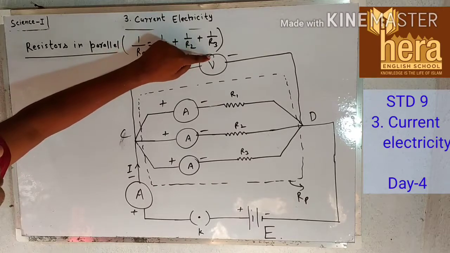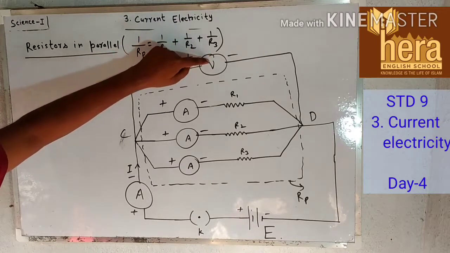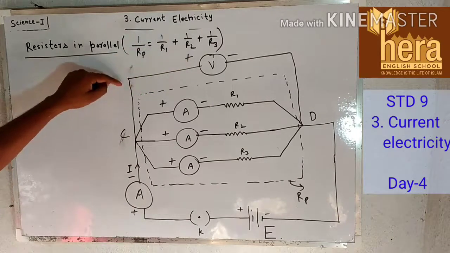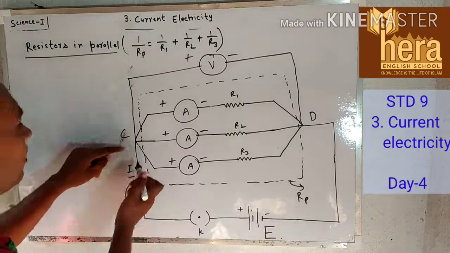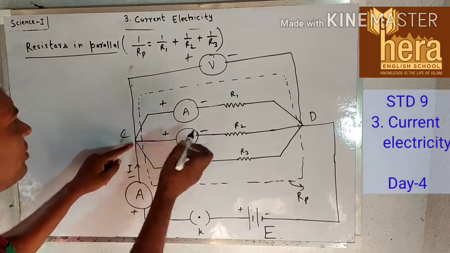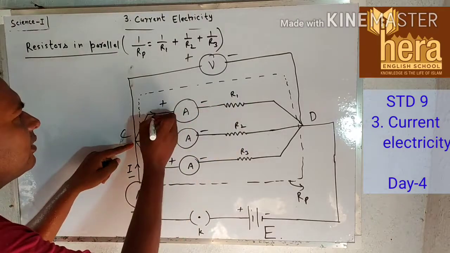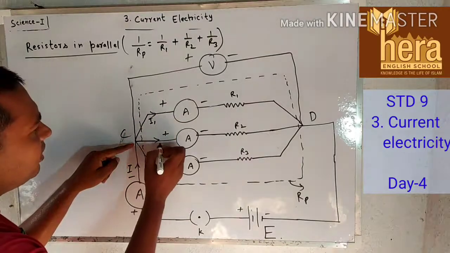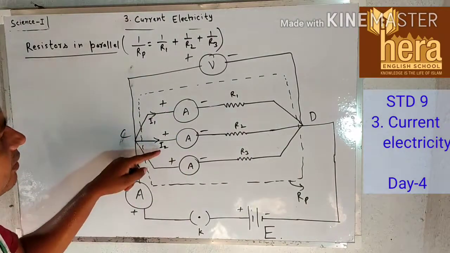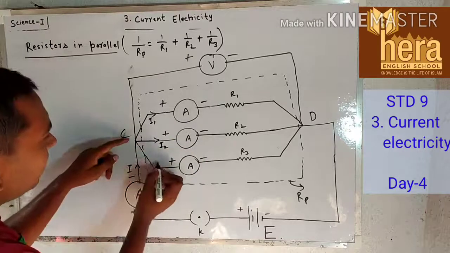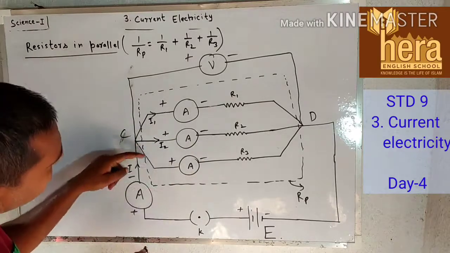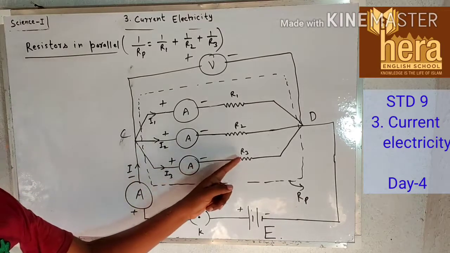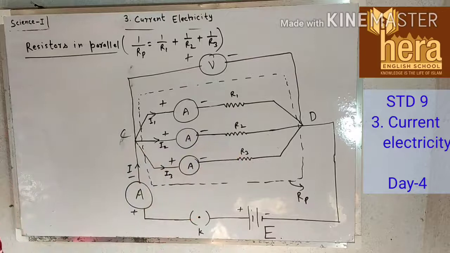Due to the very high resistance of the voltmeter, this current will not flow in the voltmeter. Okay, so this current I will be divided. Say here I1 is flowing, I2 is flowing in the resistor R2, and in this branch current I3 is flowing in the resistor R3. Okay.